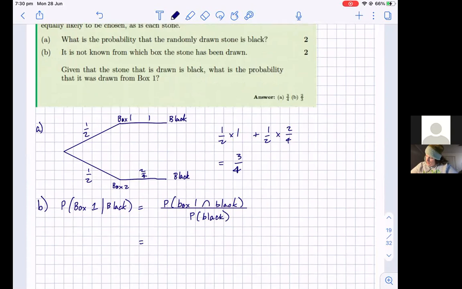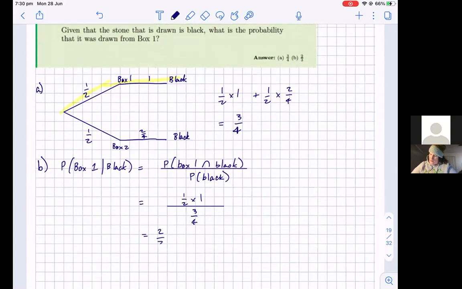The probability that it was from box 1 and it was black was 1/2 times 1. The probability that it's black overall is 3/4. 1/2 divided by 3/4 comes out as 2/3.